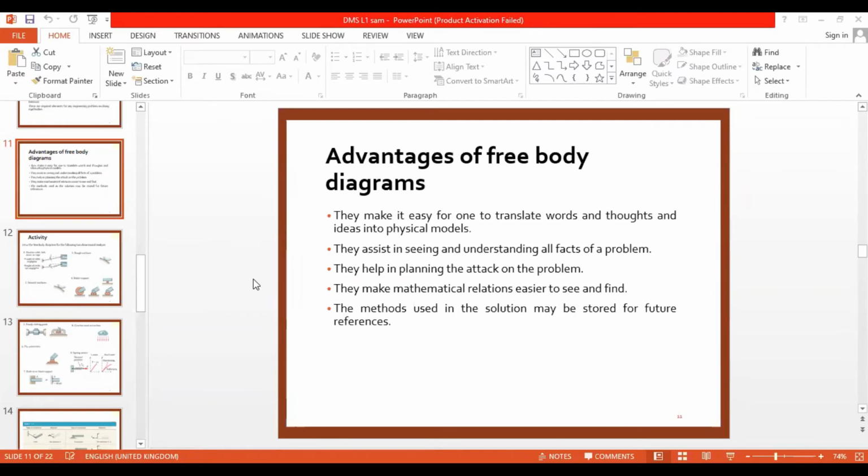Then the methods used in the solution may be stored for future reference. So we can study easily if we have these things in a picture. This is why we have free body diagrams, in order to solve the problems easily, right? So these are a few advantages of free body diagrams.